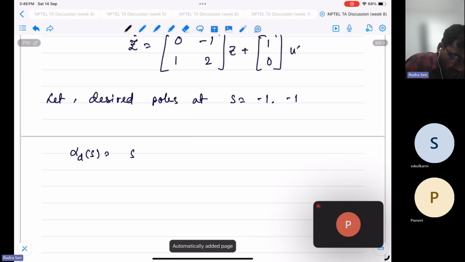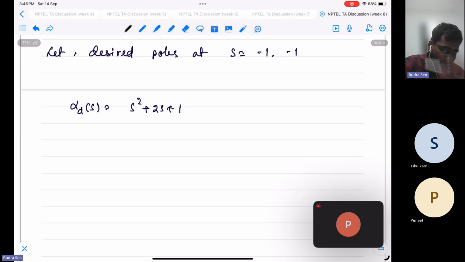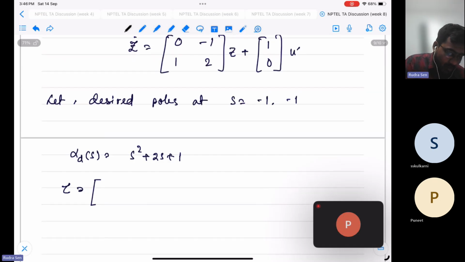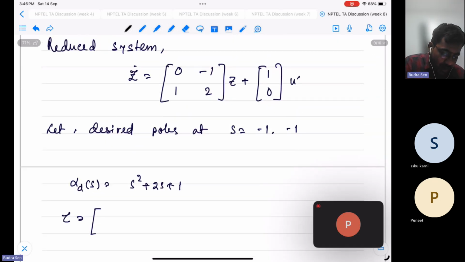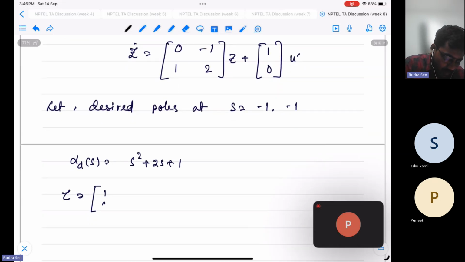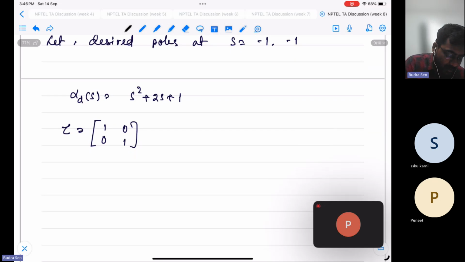It will be s square plus twice s plus 1. Now the controllability matrix is B, AB. So B is 1 0 and AB is 0 1. So it is 1 0 and 0 1, the identity. C inverse is also the identity.